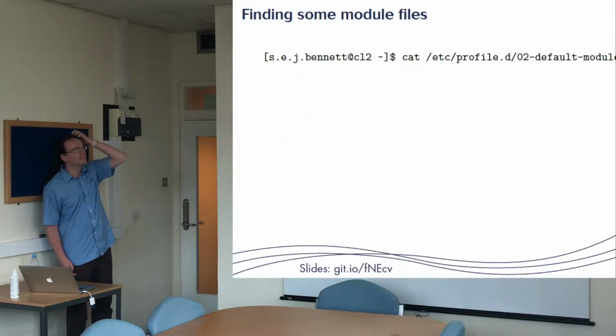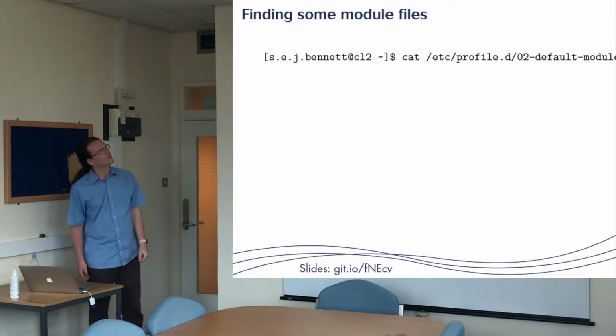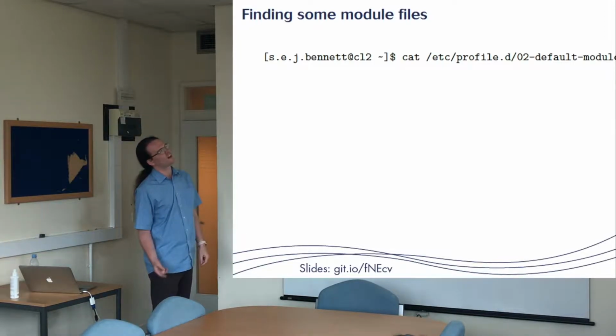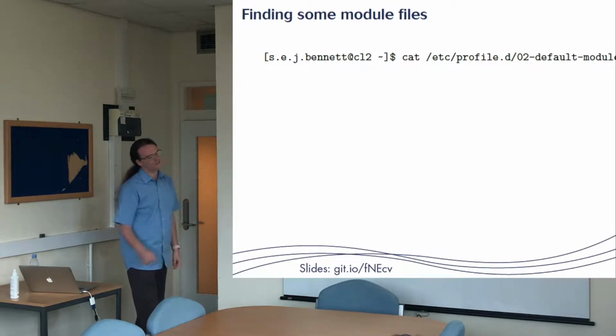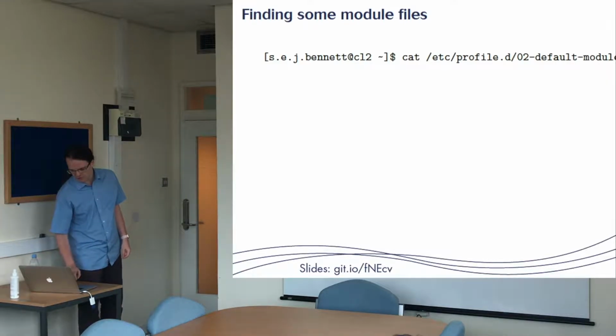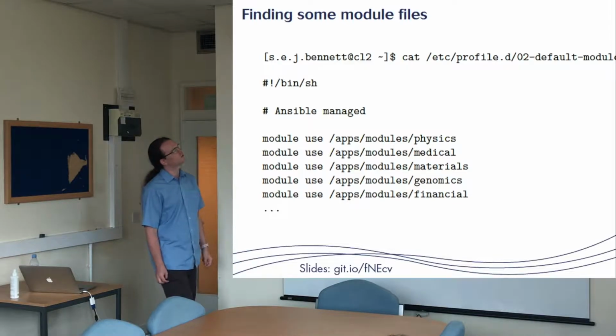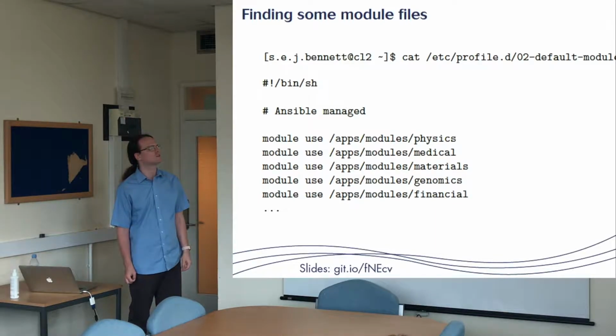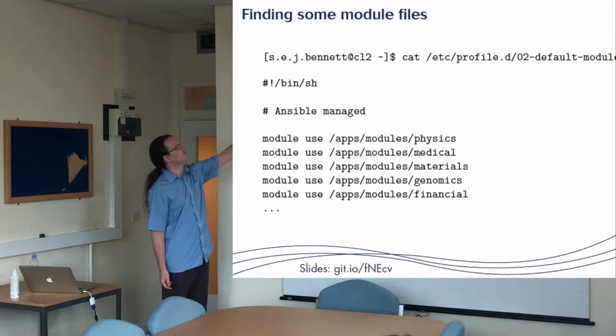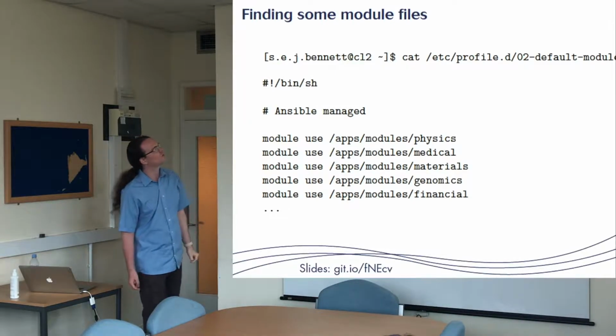So let's look at this other script that runs in /etc/profile.d that sets up default modules. This is on Hawk, the new Cardiff Supercomputing Wales cluster, and you see we get all these module use commands.